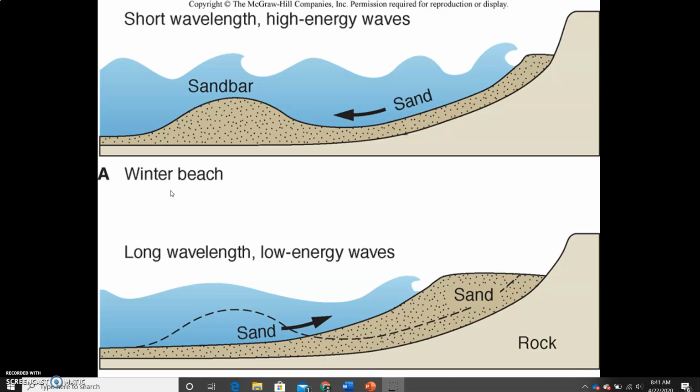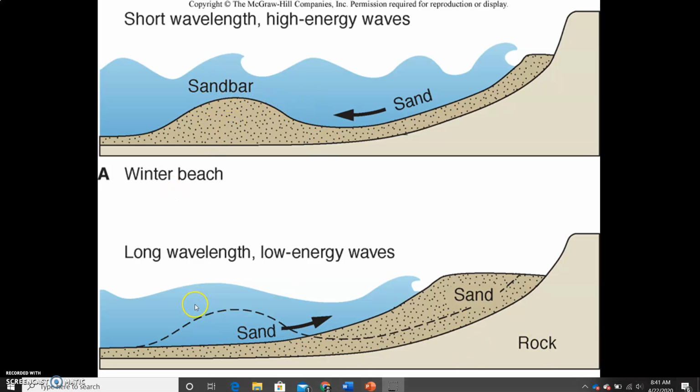So here's a cross section showing the migration of a sandbar. In this top image, you've got a short wavelength wave, and this is associated with higher energy. As this wave approaches the coastline, you're getting more backwash, creating the sandbar deposit here.